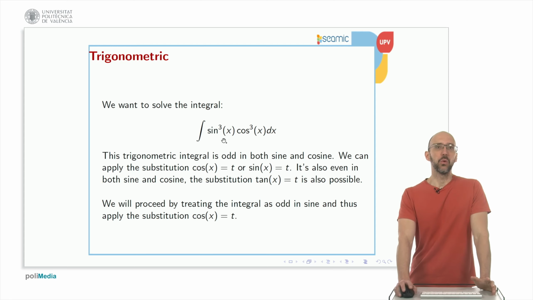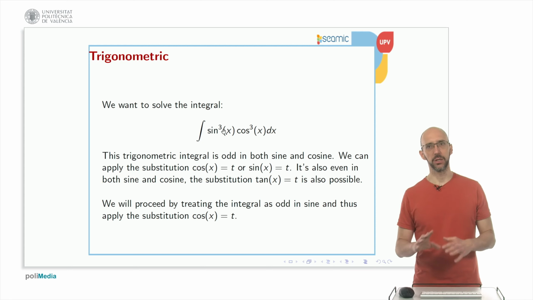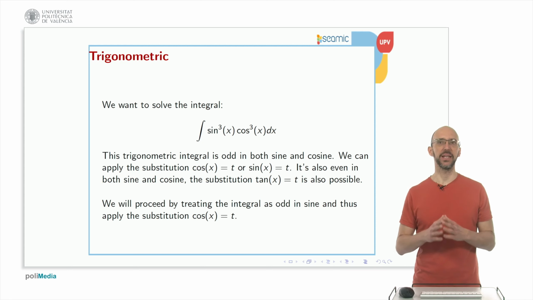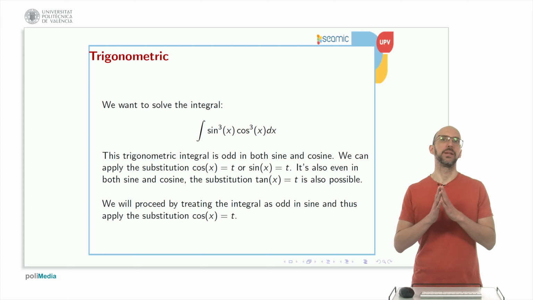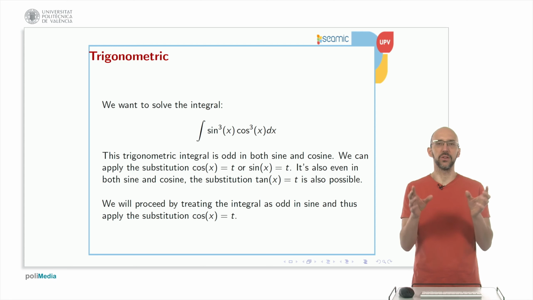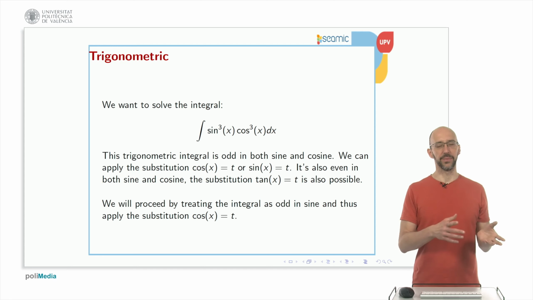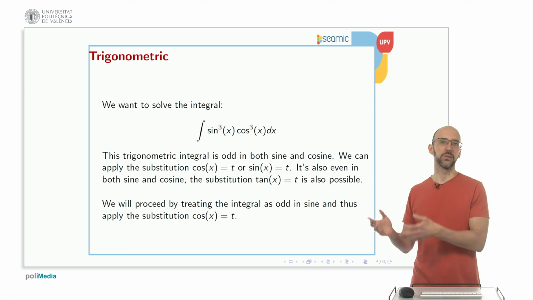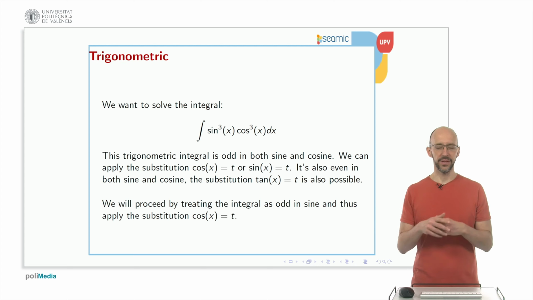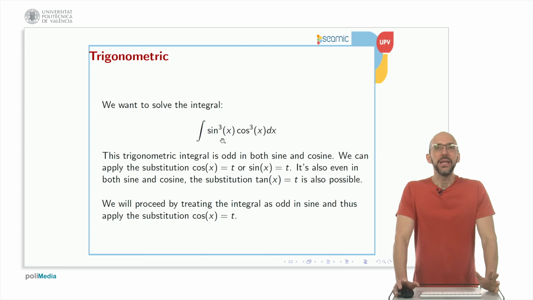It is related with the parity of the exponent sometimes, but be careful. I cannot say yes because it's not always true. In this case, it's a product of two trigonometric functions. The exponent is going to make you know if this is odd in sine, odd in cosine, or even in sine and cosine. In this case, you can apply many changes.